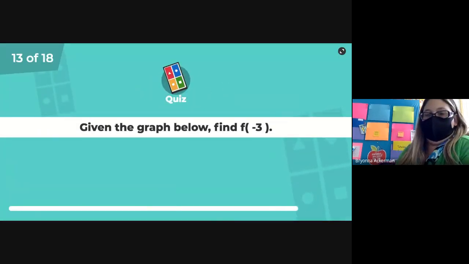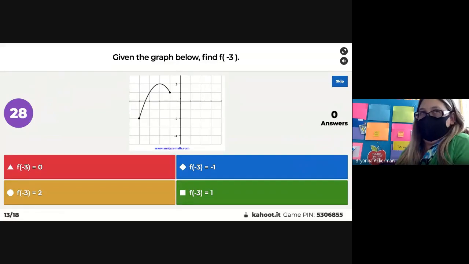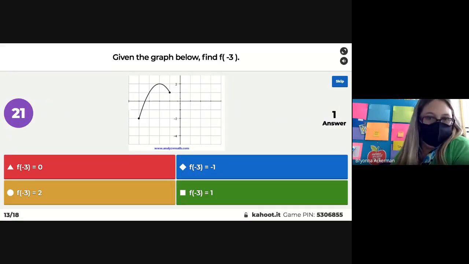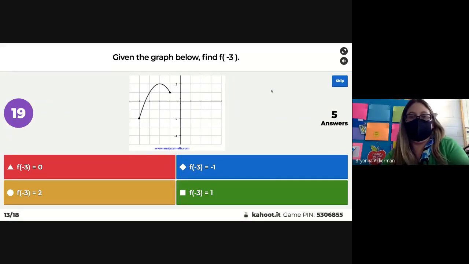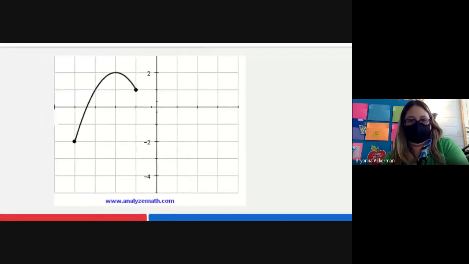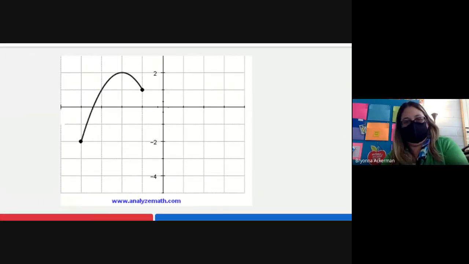Okay, f of negative 3. The input is negative 3.